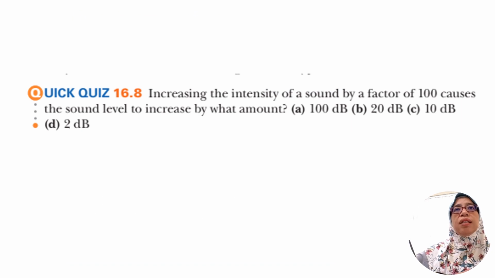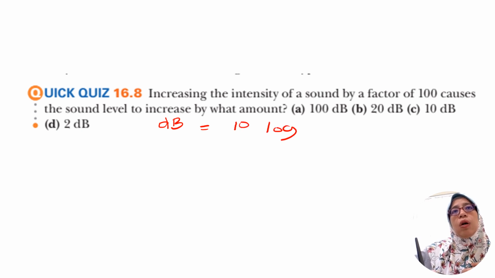Alright, increasing the intensity of a sound by a factor of 100 causes the sound level to increase by what amount? So this question, they would like you to get what will be new dB and then compare with the previous decibel. So eventually, the original expression is dB is equivalent to 10 log I over I naught. Okay. So when we say increase by what amounts, we can say that we can have it in a form of differences, minus with one another.